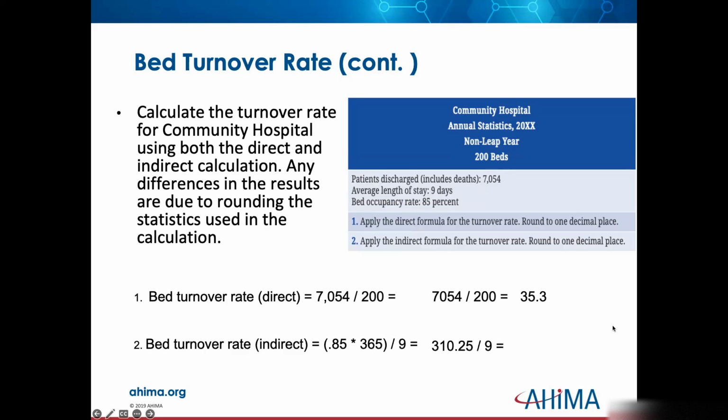Here we have 310.25 divided by 9 equaling 34.5. Okay. Now, if we were to round, these would both say 35, correct? But here, it's letting us know that we want to round to one decimal place.